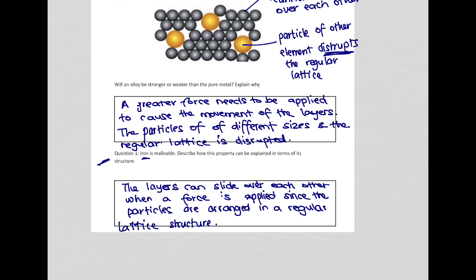I've seen in some answers that students say that the atoms are regularly arranged. It's not atoms involved here. It's cations involved here. And we also have electrons. While the electrons are not regularly arranged, it's the cations, more specifically, that are regularly arranged. But we're going to use the term particles. You could also use the term cations, but please do not use the term atoms.